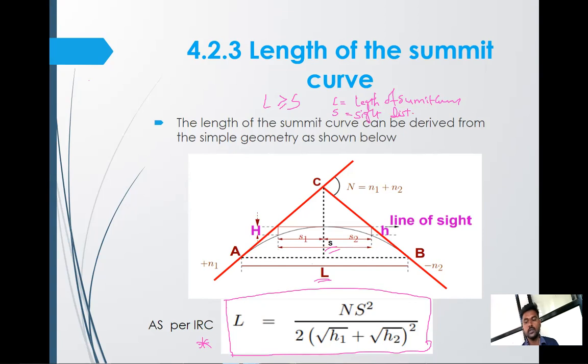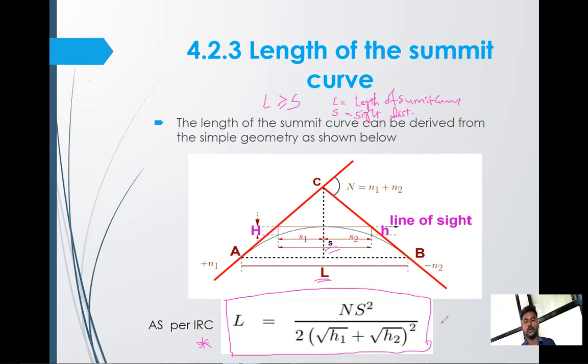For that, write down the formula. We have to solve problems using this formula. L is equal to N S square divided by 2 into bracket square root of H1 plus square root of H2, whole bracket square. Write down this formula.